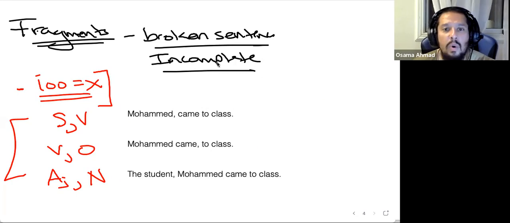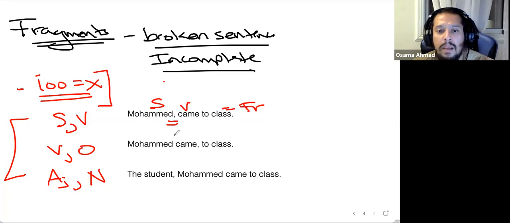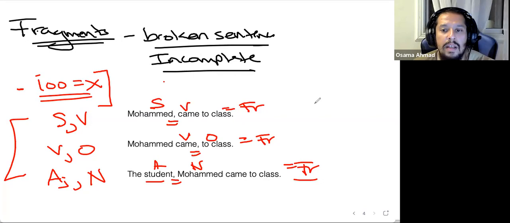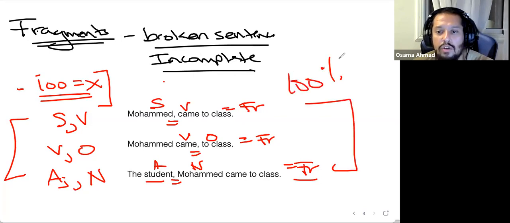And this is why it's important to identify where the subjects and verbs are. So subject, comma, verb: fragment. Verb, comma, object: fragment. Adjective, comma, noun: fragment. These are always 100% incorrect.